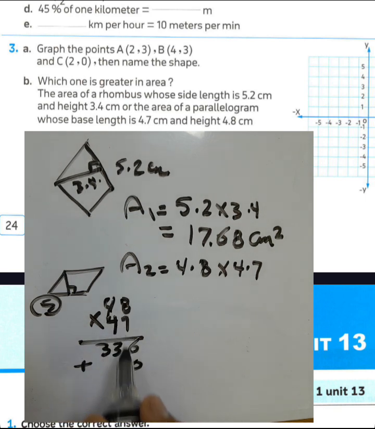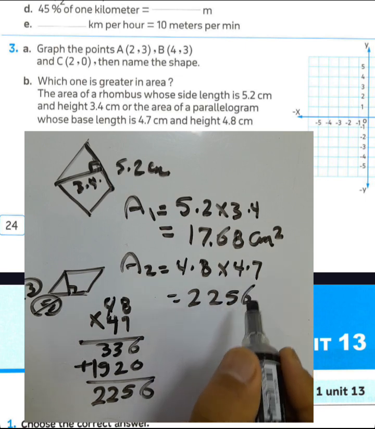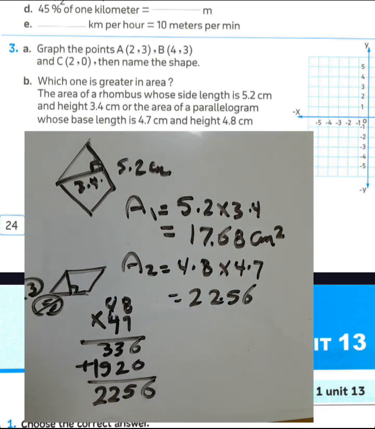Plus 0. 4 times 8 is 32, 2 and carry 3. 4 times 4 is 16 plus 3 equals 19. And the result, 2, 2, 5 and 6. The point here will be after two places.